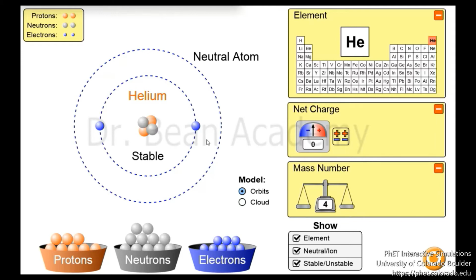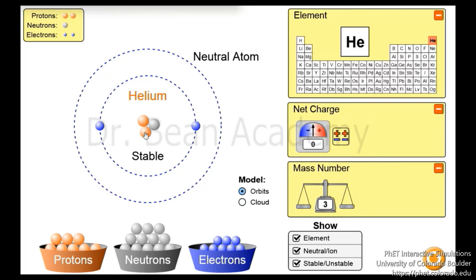The number of protons in the nucleus is the proton number, which we represent with Z. The number of neutrons in the nucleus we call the neutron number. And mass number is the sum of the proton number and neutron number. Of course there are two protons and two neutrons, so mass number is 4.